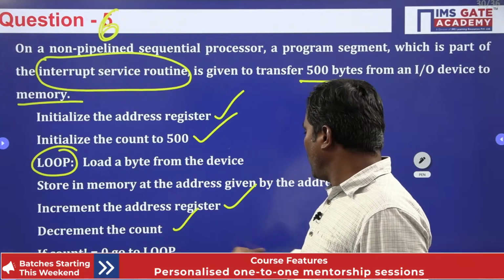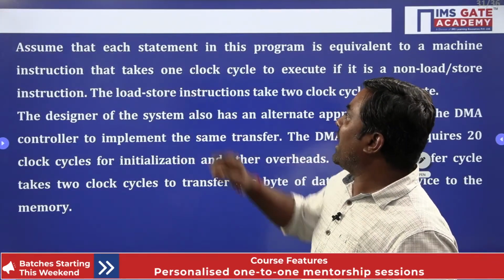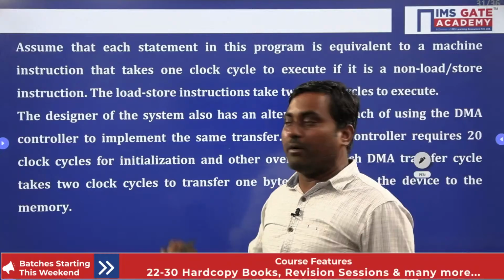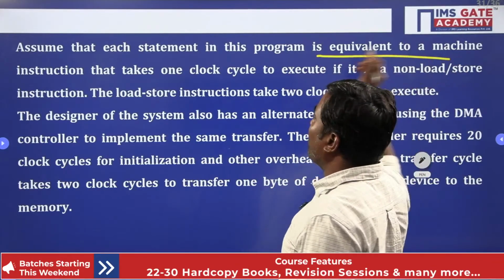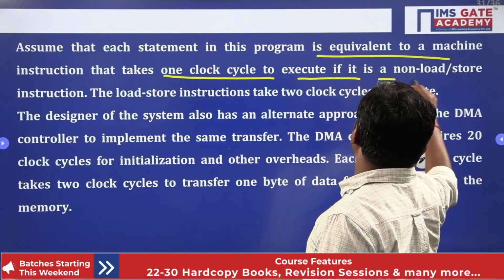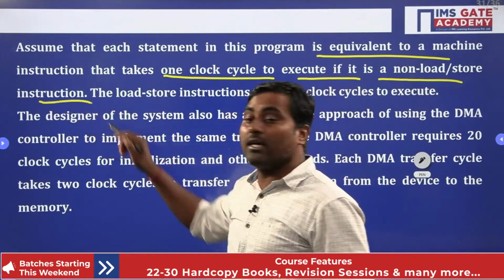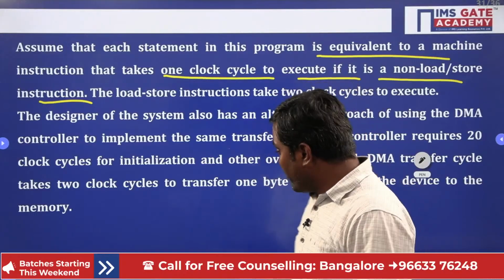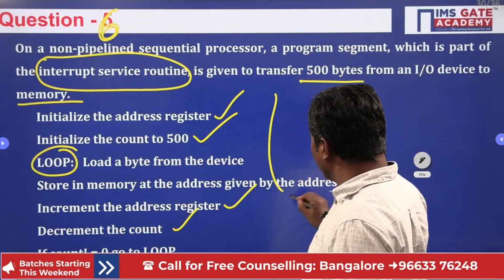Fine. Look at the next part. Assume that each statement in the program is equivalent to a machine instruction that takes 1 clock cycle to execute if it is a non-load store instruction. This code is part of the interrupt service routine.